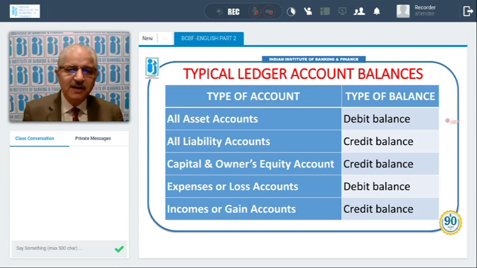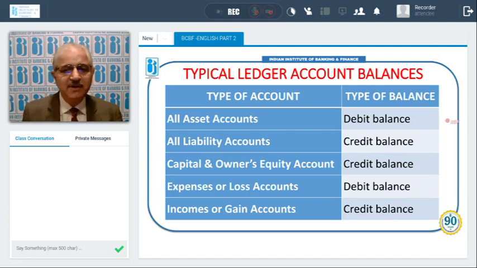Now, when we talk about liability accounts, the amounts which are payable, such accounts will always have credit balances. It's the reverse of assets basically. If assets have debit balance, liabilities will have credit balances. Now capital, that is the amount invested by the owner, owner's equity we call it, will always have a credit balance.